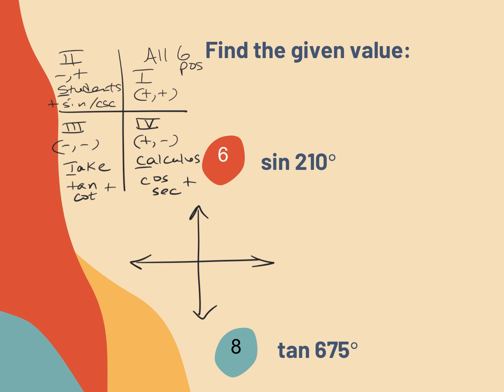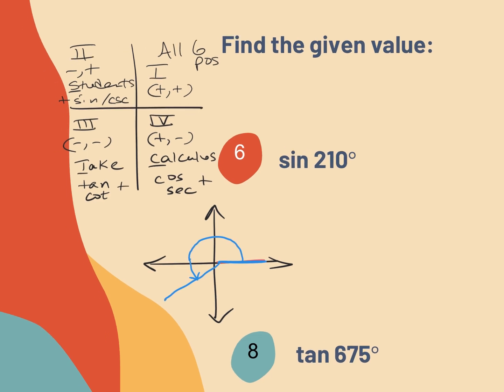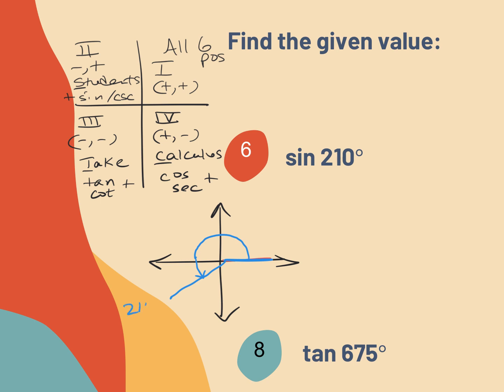And this is all without a calculator. So you're going to come around. I'm going to start here on my initial side. And then I'm going to swirl around to 90, 180. And then I have to go 30 more degrees. And that would be my 210-degree angle. So this is 210. Now I make my triangle.